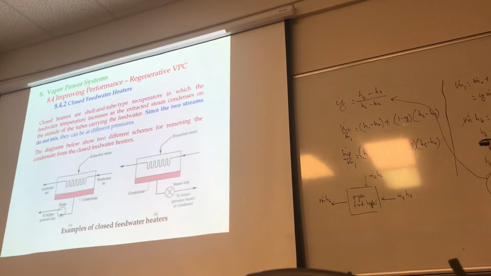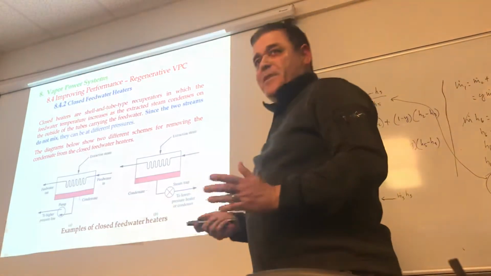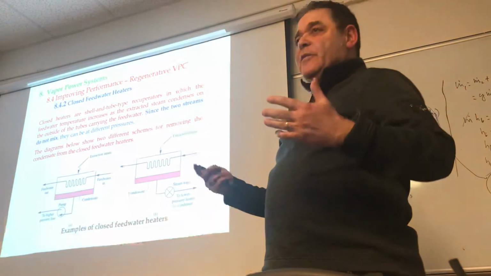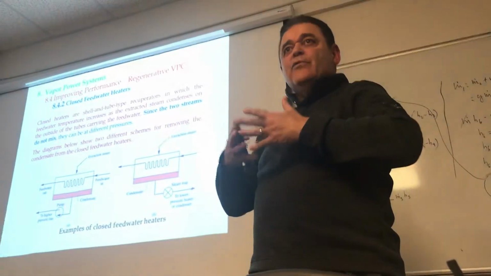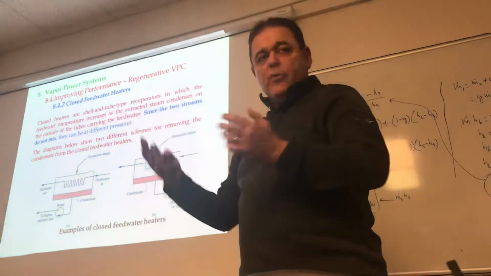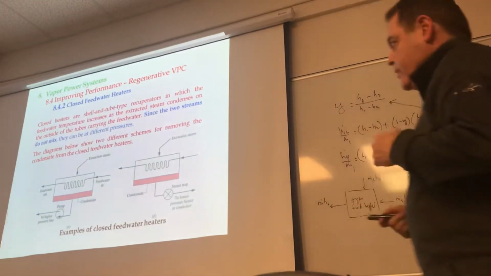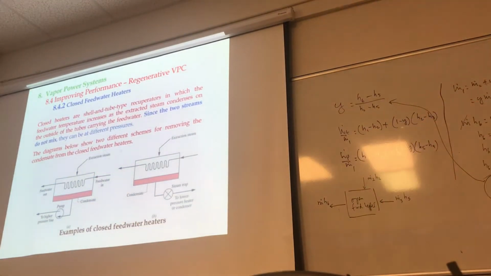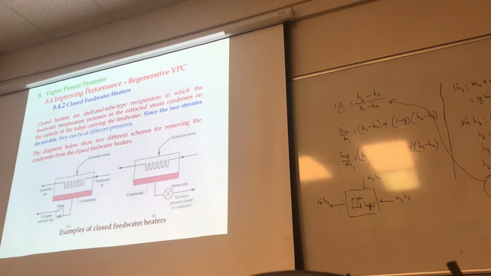Now, if there is an open feed water heater, that means there has to be a closed one, right? In the open one, the two fluids, the hot fluid and the cold fluid, mix directly in a chamber, which we call an open feed water heater. But in this case, you have a closed one. Closed heaters are shell and tube recuperators. We're going to study shell and tube in the heat transfer class next term.